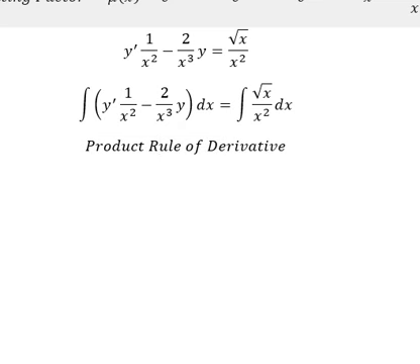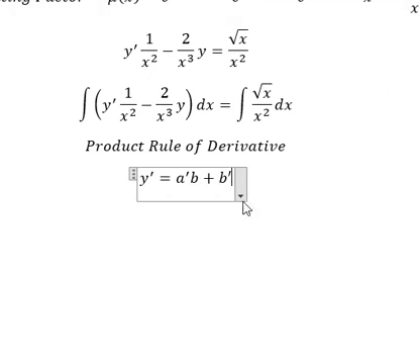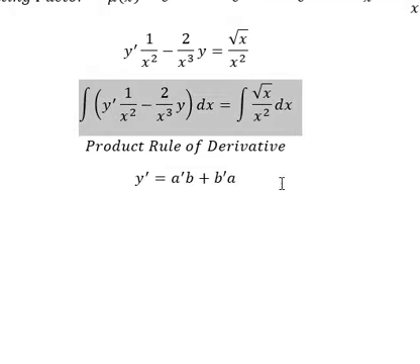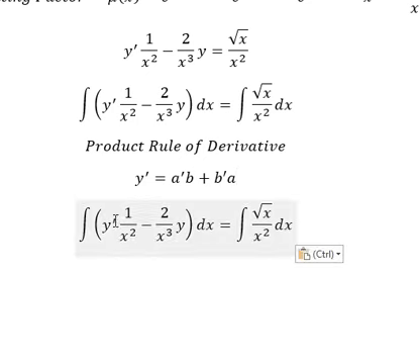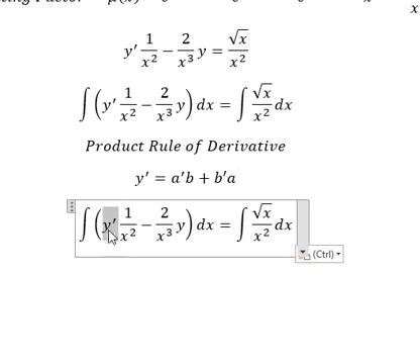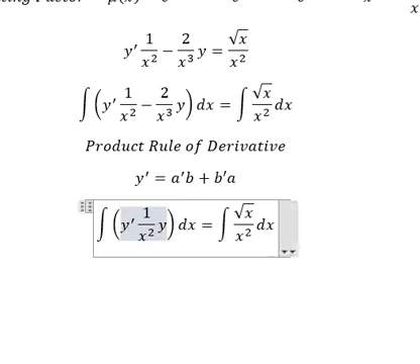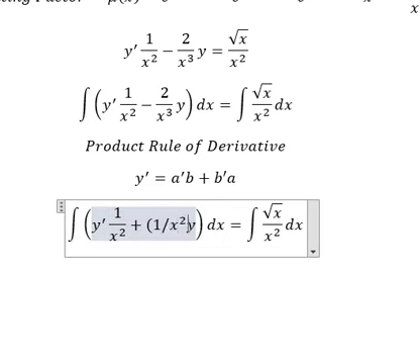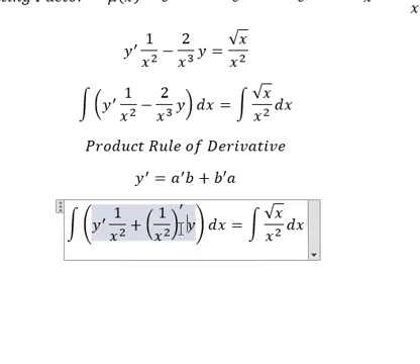So we have the derivative of y equals the derivative of a multiplied by b plus the derivative of b multiplied by a. So we have the derivative of a multiplied by b, and this one is the derivative of b multiplied by a.